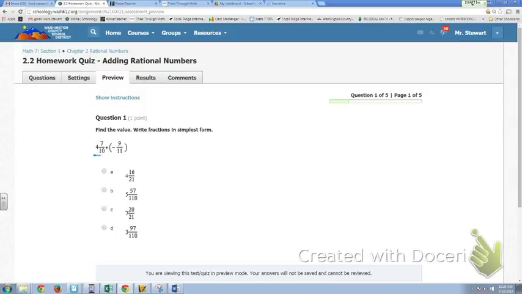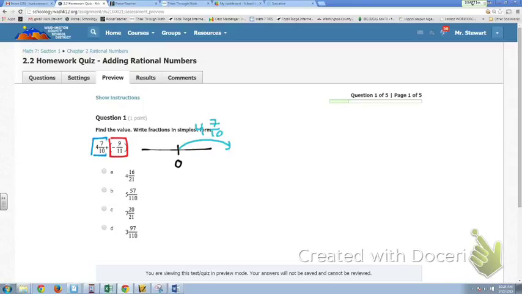Here is a positive 4 7/10, and the next number is a negative 9/11. Think about it on the number line. Here's 0, the negative direction one way and the positive direction the other. In the positive direction, you go 4 7/10.